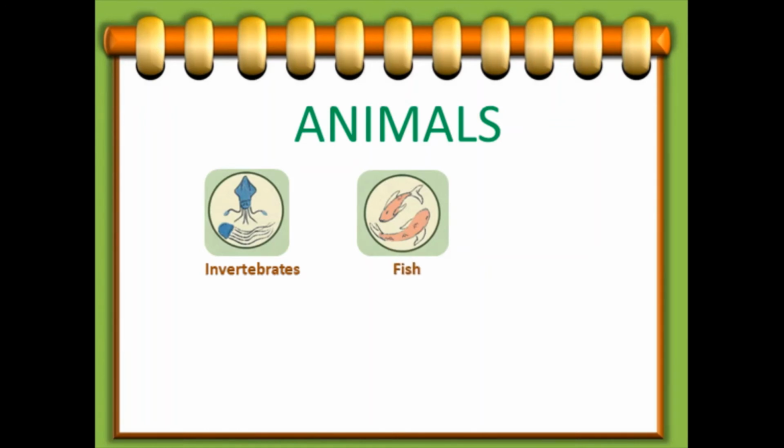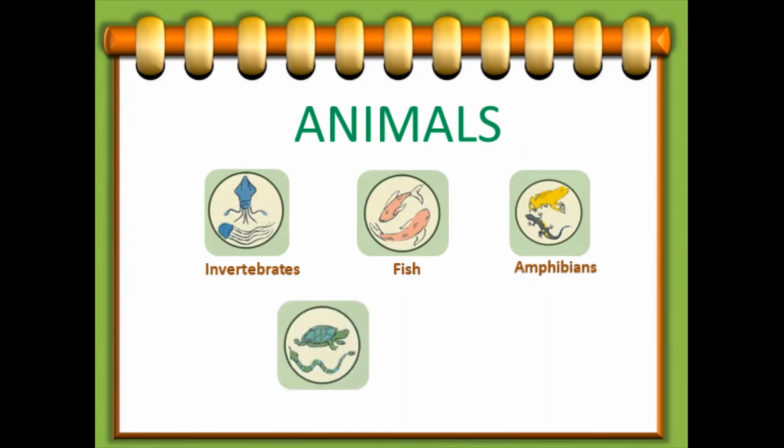Another one is amphibians. Have another one, you have reptiles. And lastly, you have mammals. So again, what are the kinds of animals we have here?